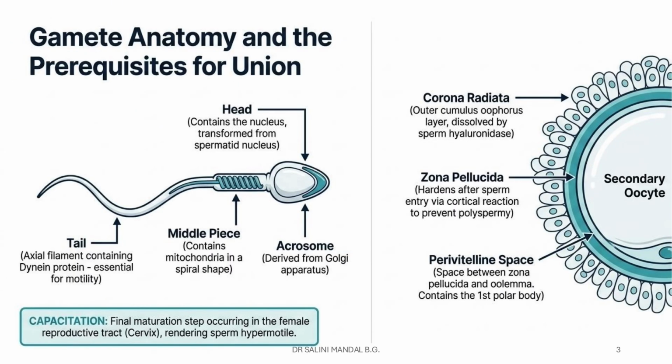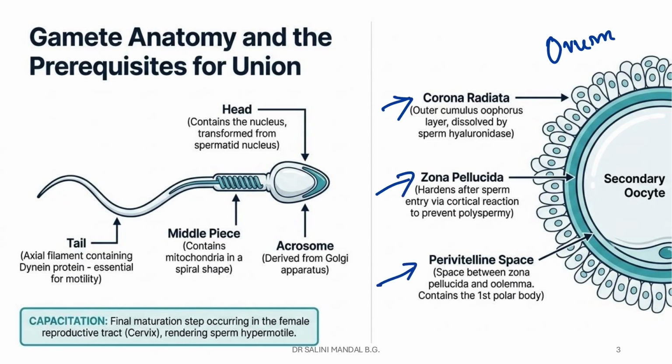Next is a little anatomy. Talking about the ovum and secondary oocyte, we have the corona radiata, zona pellucida, and the perivitelline space.